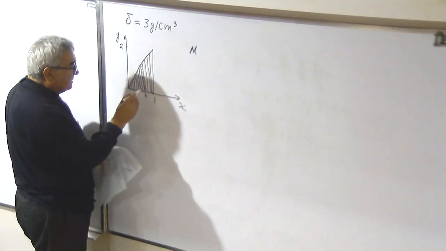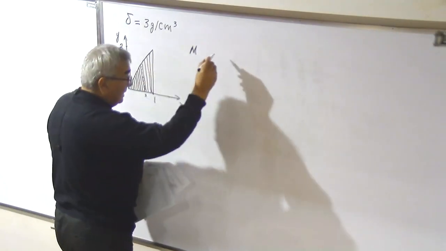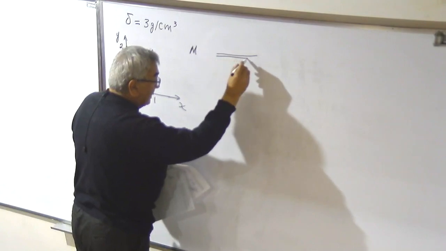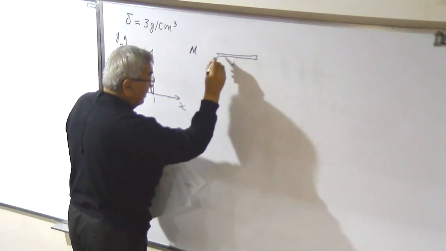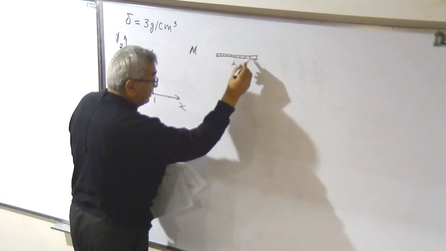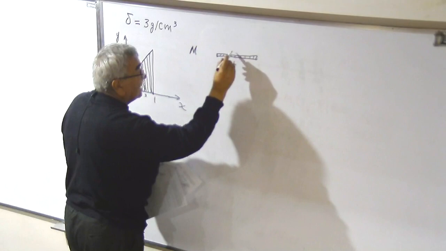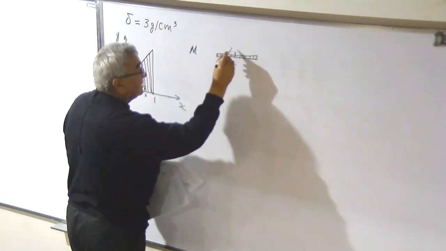Why? Because here the mass is distributed uniformly. It is like this case: if you take a strip of length L, and the mass is distributed uniformly, the center of mass should be exactly in the center.